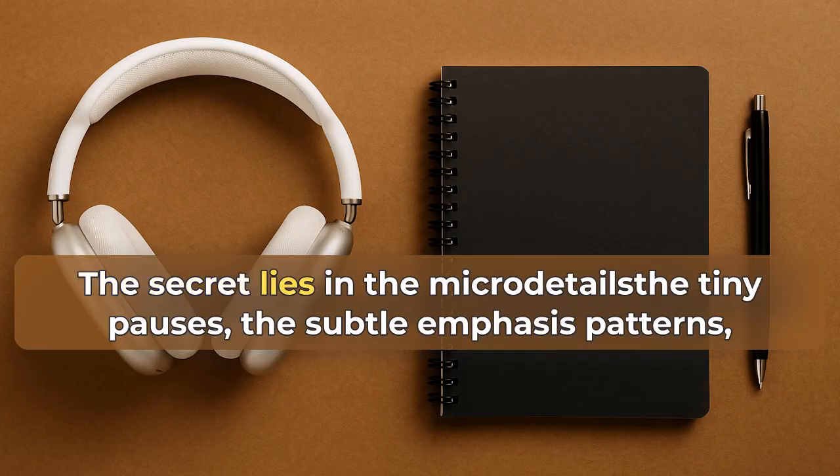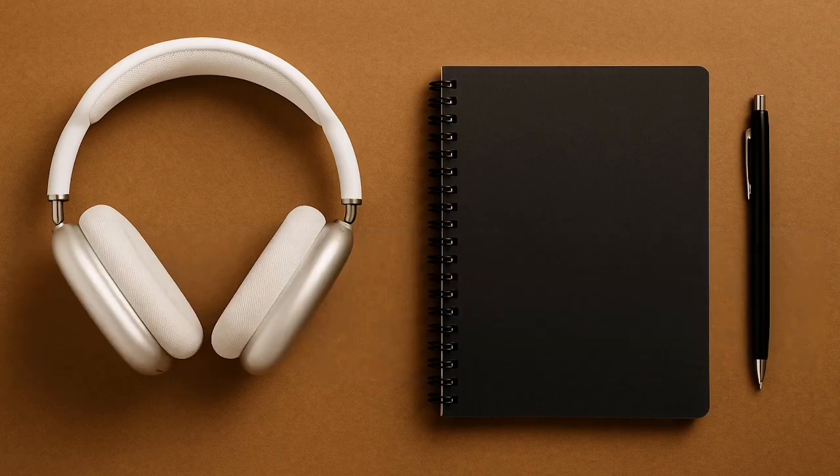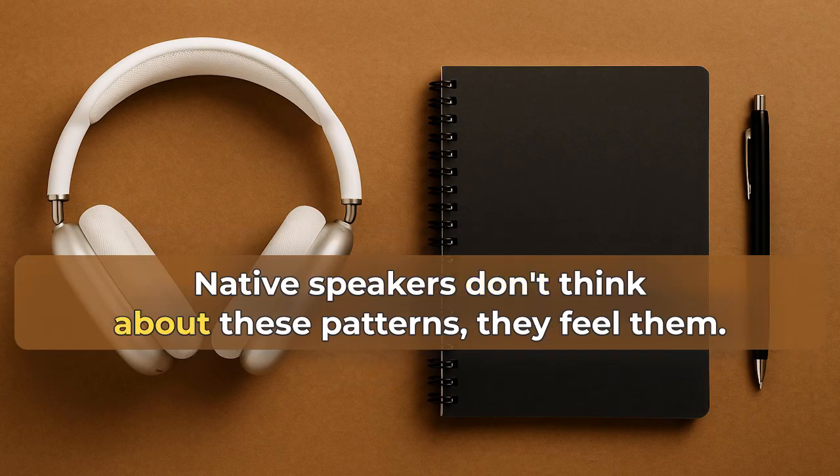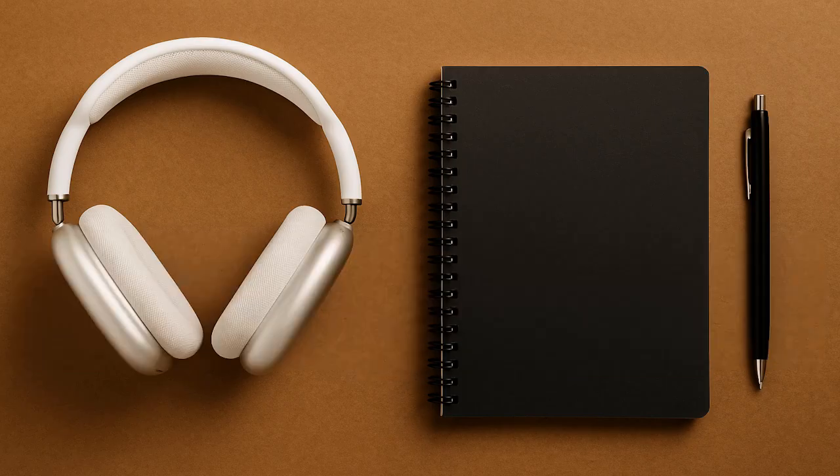The secret lies in the micro-details, the tiny pauses, the subtle emphasis patterns, the way emotions color every syllable, and the natural musicality that flows through every sentence. Native speakers don't think about these patterns. They feel them. And through advanced shadowing, you're going to develop that same intuitive feel for the language.